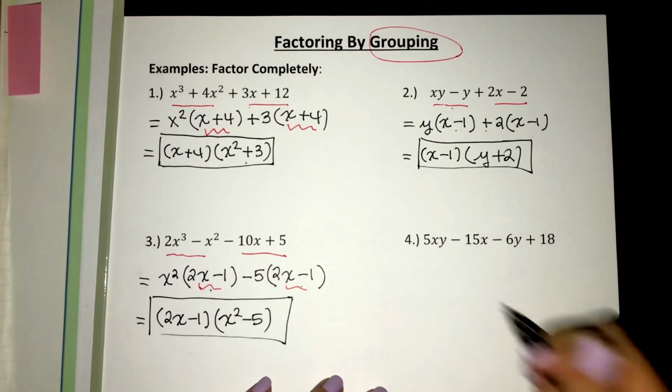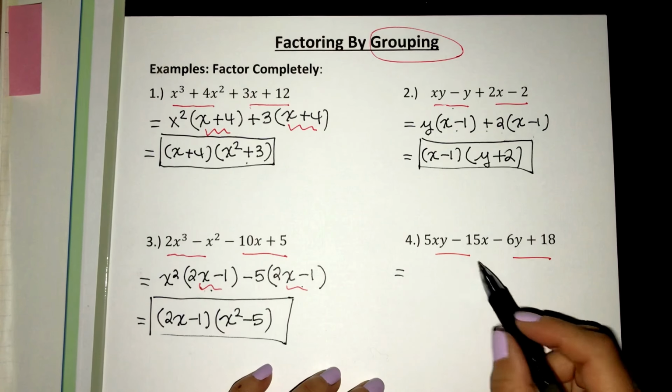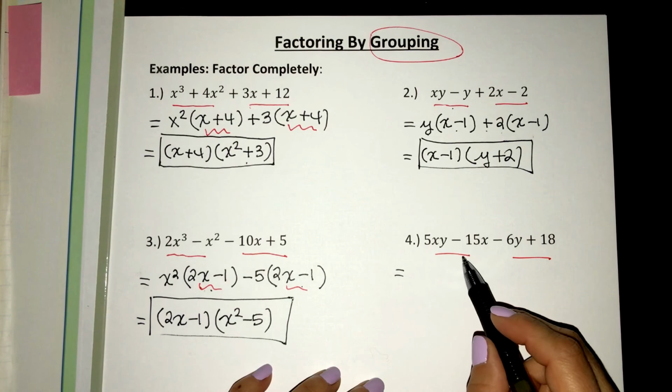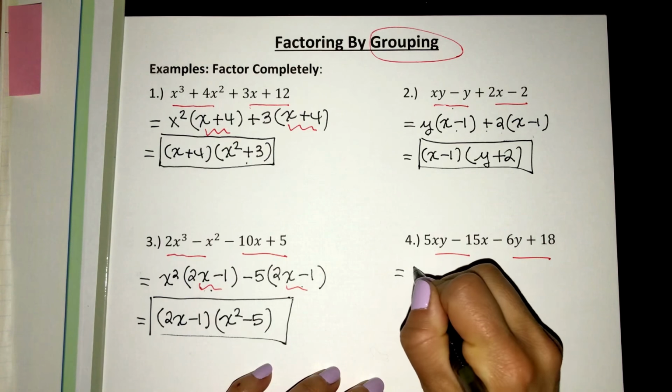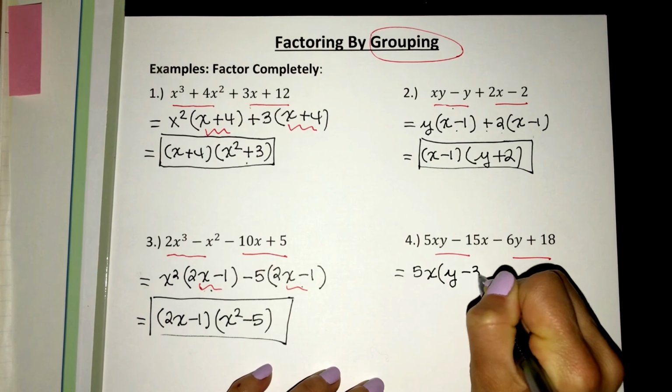And then the very last example, same idea, group the first 2 and the last 2. From the first 2, the GCF will be 5x, and so we're left with y minus 3.